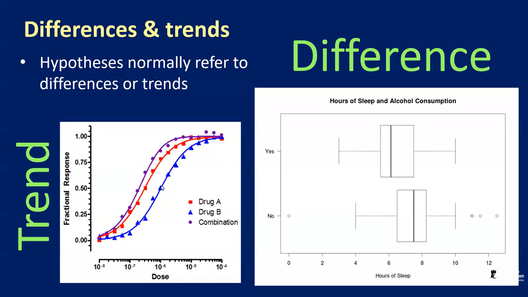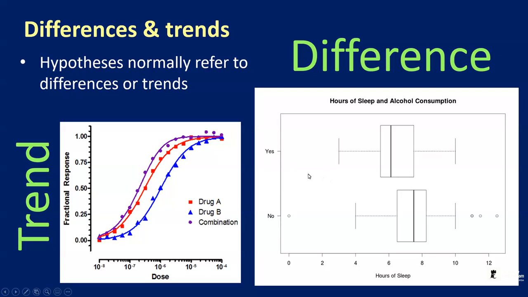The alternative scenario that's very common in science is to look for a difference. So instead of having two continuous variables, you've got one categorical discrete variable like this one here. So this is whether or not people have consumed alcohol, yes versus no, and then how many hours they slept. So here we have a quantitative continuous variable and here we have a categorical variable.